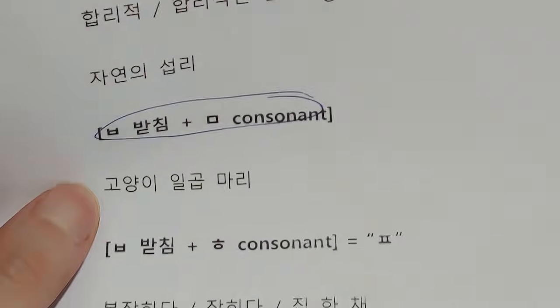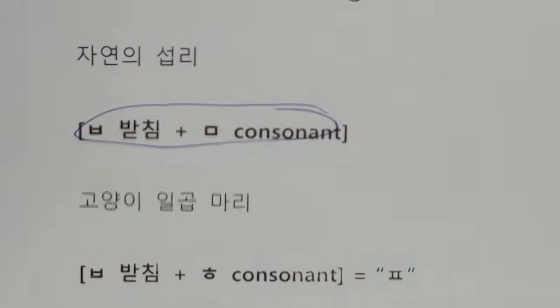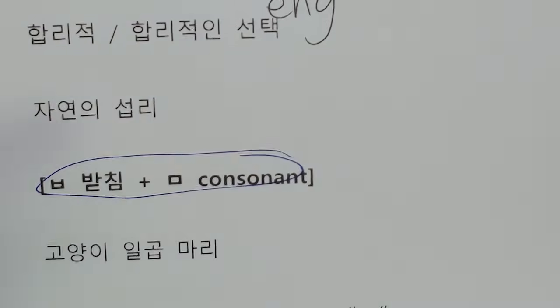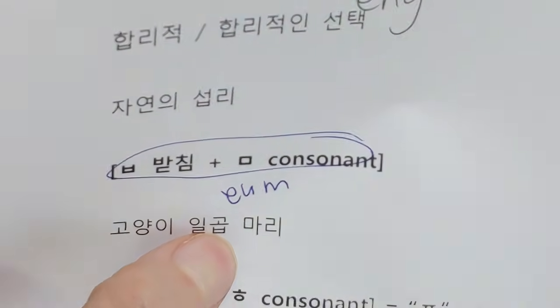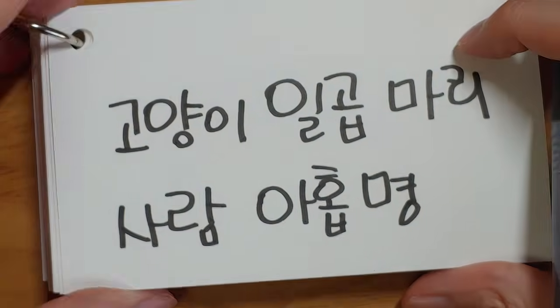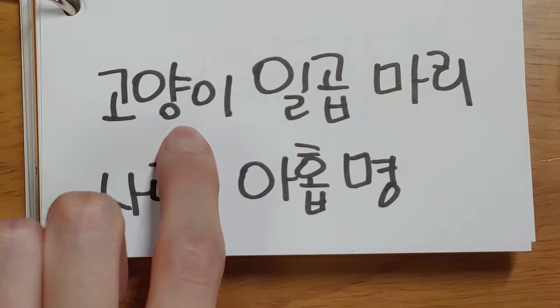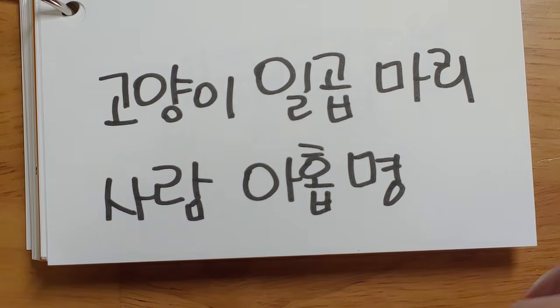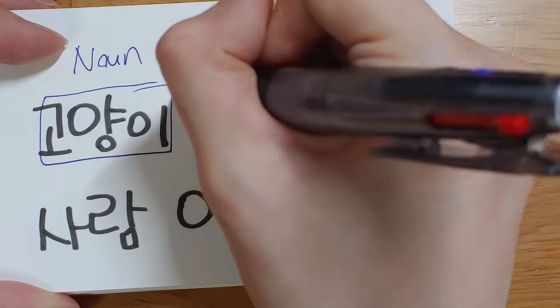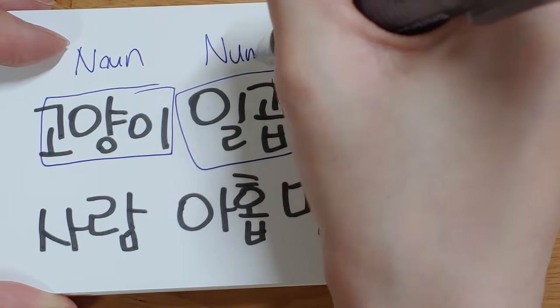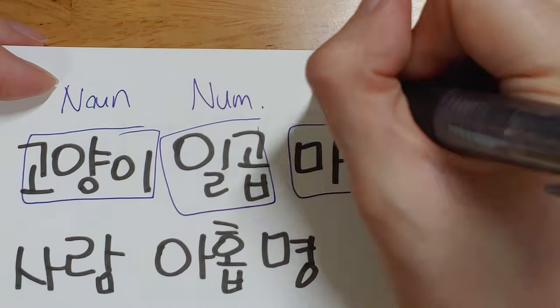Moving on to 비읍 받침 when it's combined with the 미음 consonant. This is also something that will make sense if you try pronouncing p with m. Right? The p softens to m. So when you say 고양이 7마리, this is also one of the things that you learn in grammar class. You say noun, number, and counter word, the measure word.